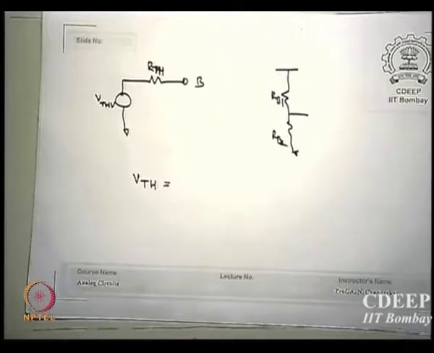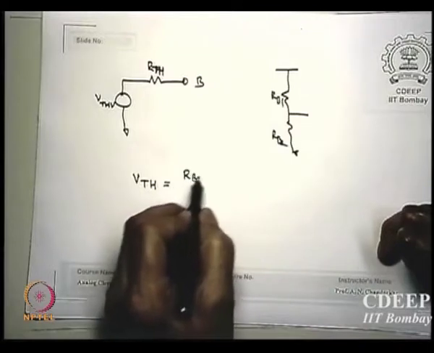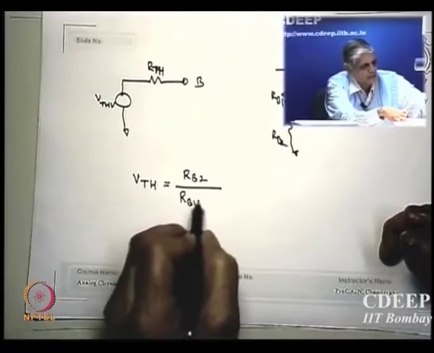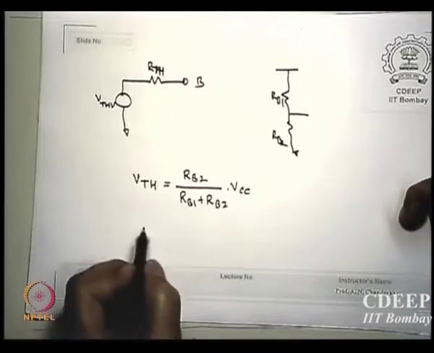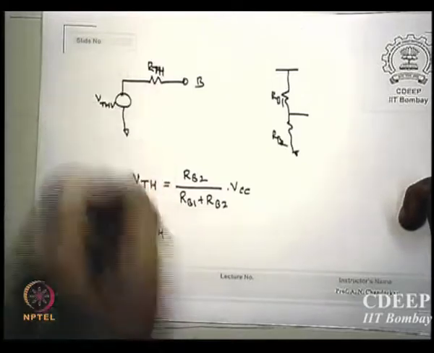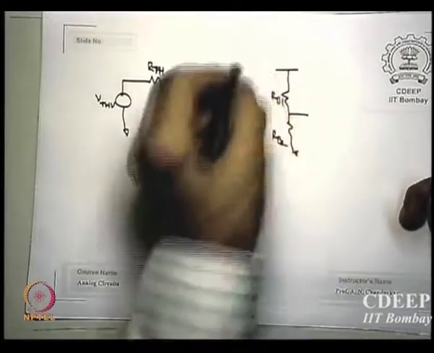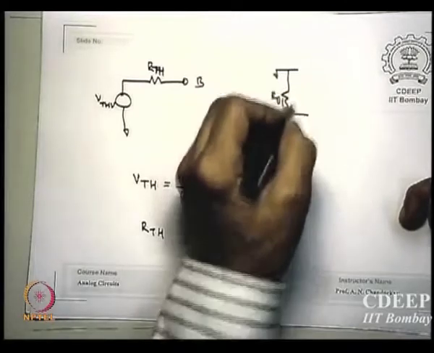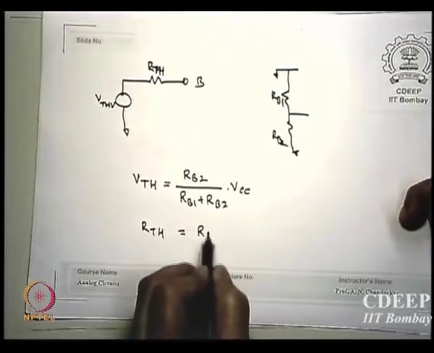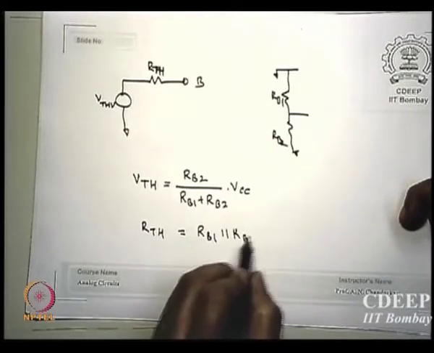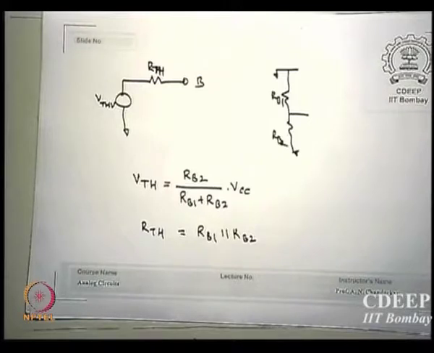It is a divider, isn't it? RB2 divided by RB1 plus RB2 times VCC. And how much is RTH? Short the source, and these two, RB1 and RB2, are in parallel. So if I now substitute this equivalent circuit, is that point clear?